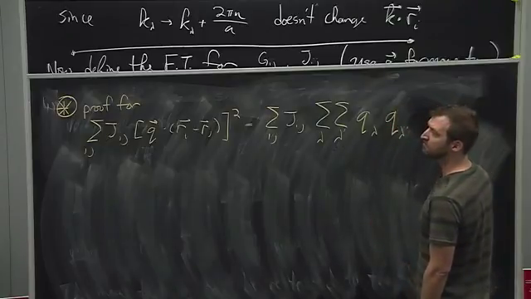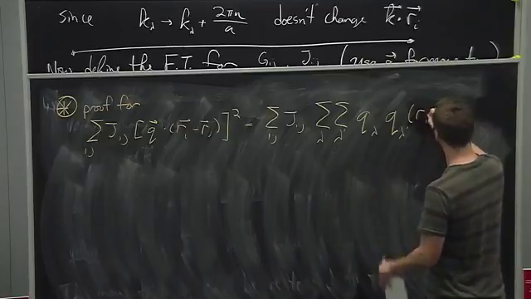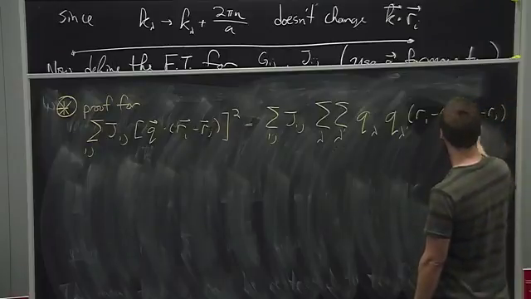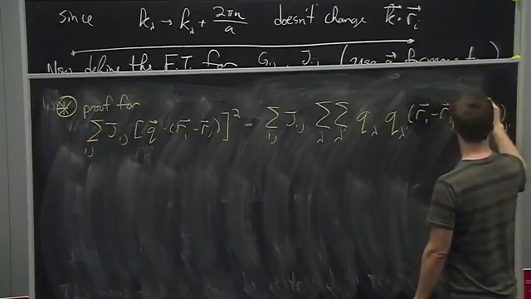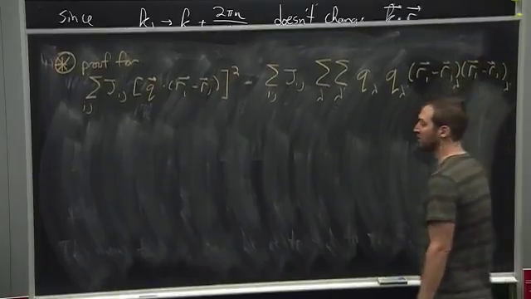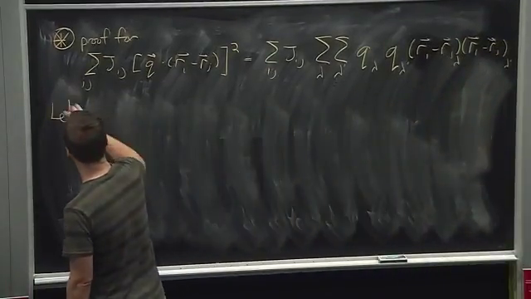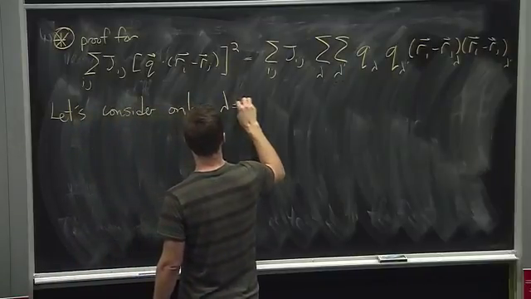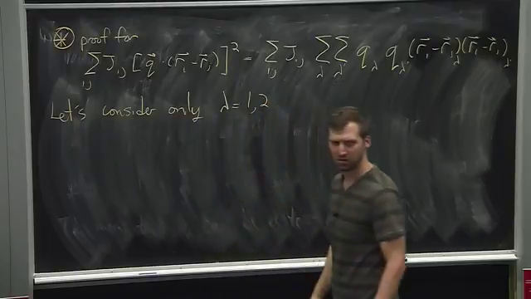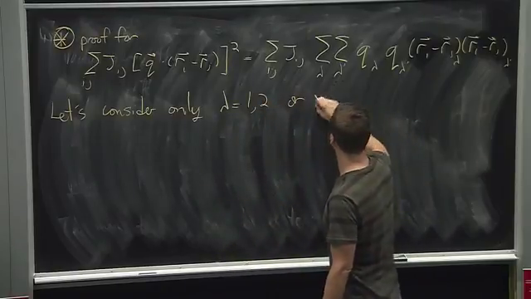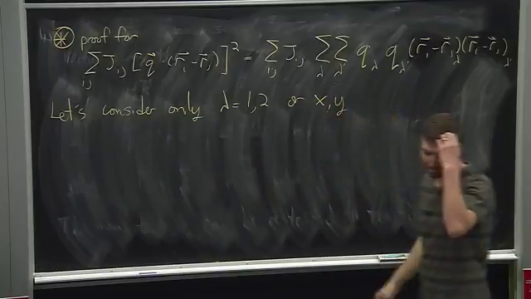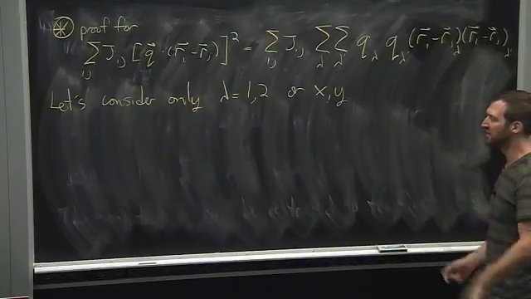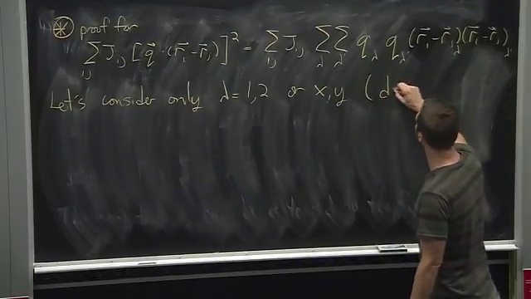I'm just writing a thing on top there, R_i minus R_j. So let's just take maybe x and y. Okay, let's just write that thing out in the two-dimensional plane. So we're just restricting ourselves to d equals 2.